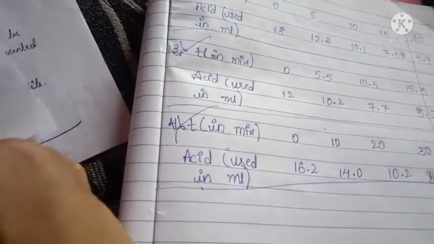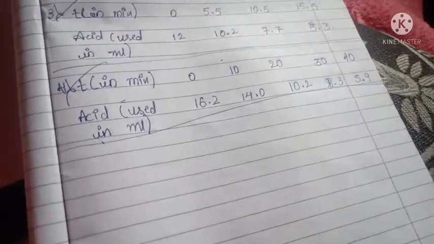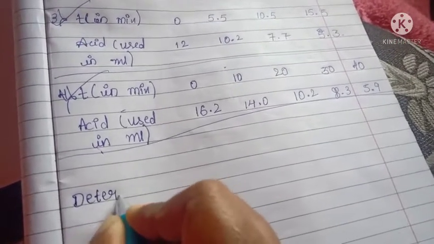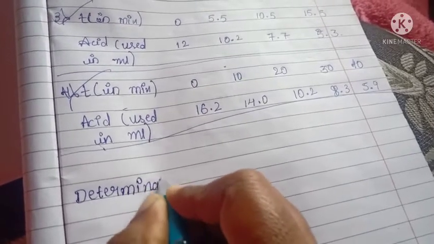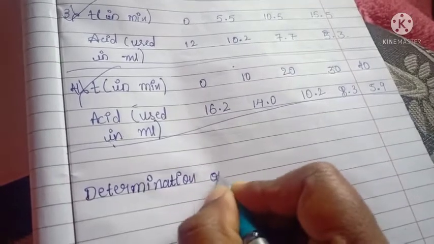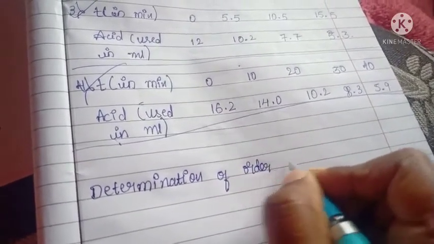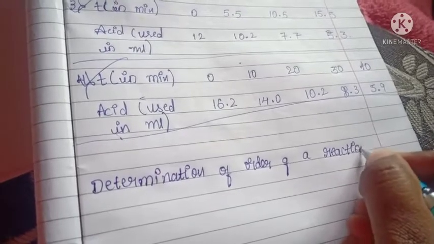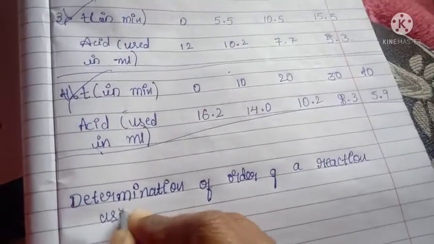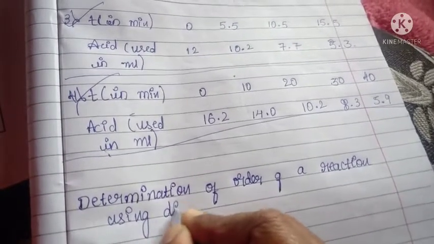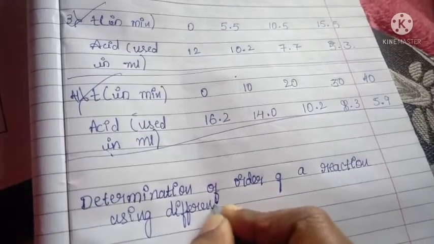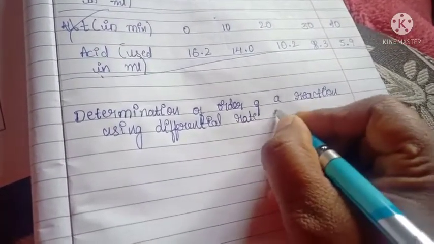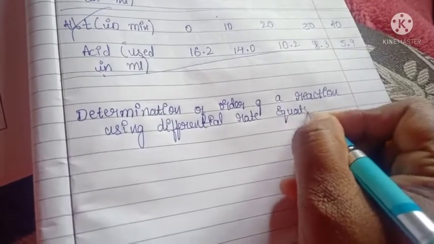Then in today's class we learn about the determination of order of a reaction using the differential rate equation.